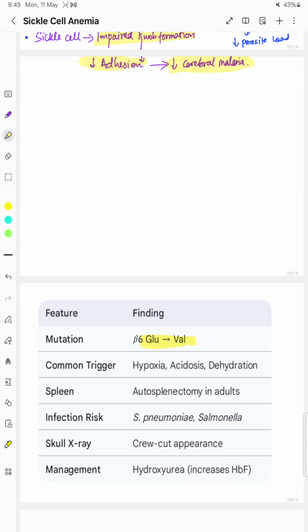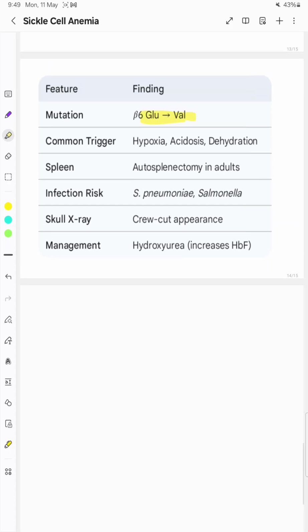Now we'll see the important points of sickle cell disease. Mutation at the 6th codon of beta globin on chromosome 11. Glutamate is replaced by valine. Sickling is commonly triggered by hypoxia, acidosis, and dehydration.